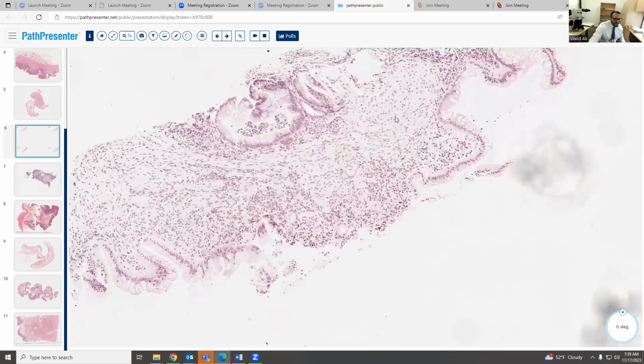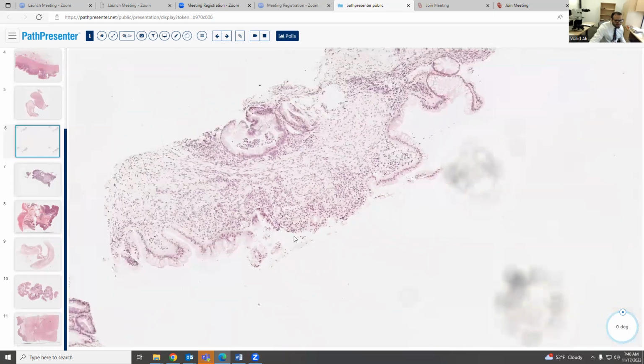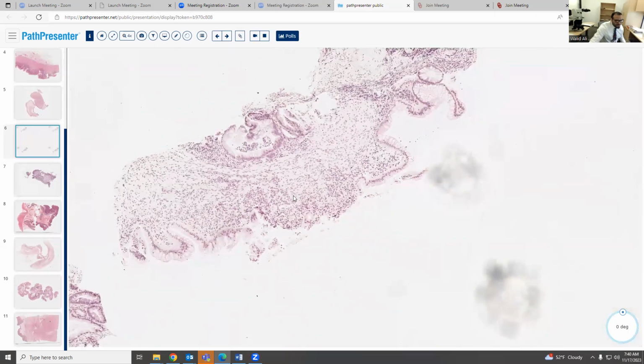Here we can see, let's say, it's from colon or whatever, and we found this area here. It looks spindly too, however it doesn't form a mass, but it looks spindly.